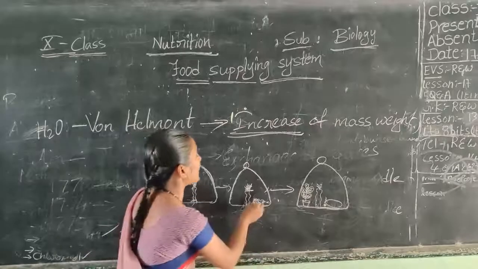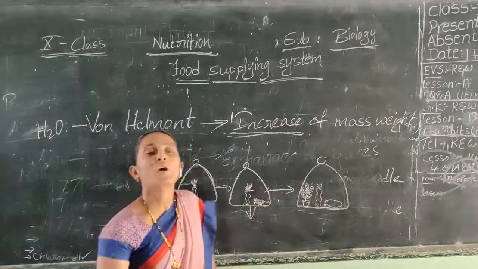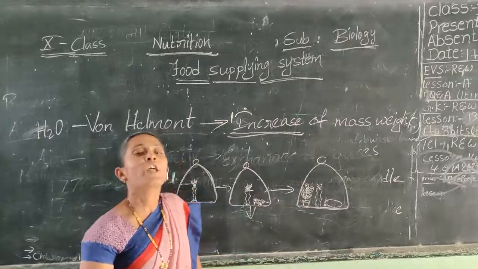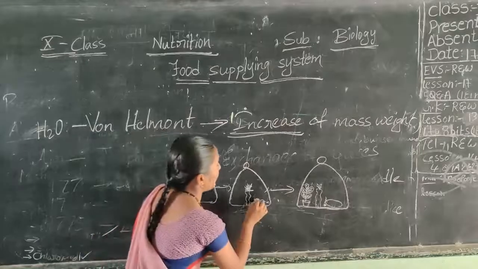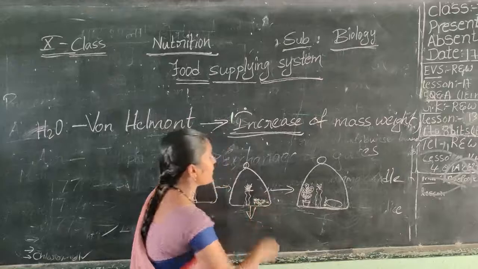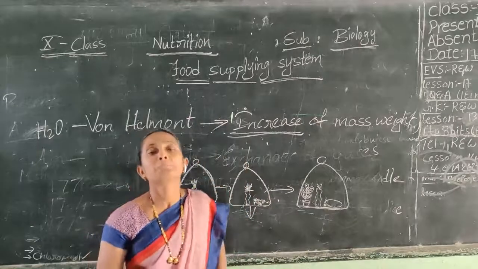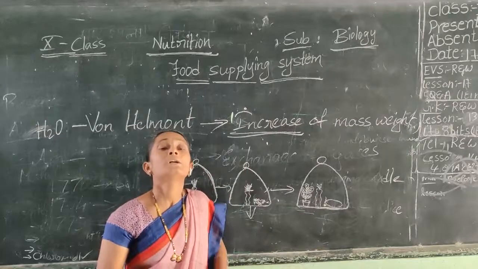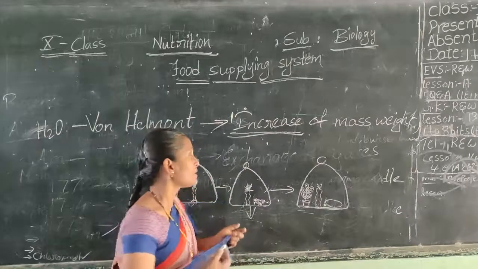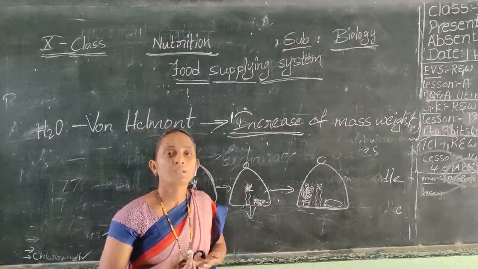Then there is no sufficient amount of oxygen in the bell jar, so the mouse cannot survive. Even the burning candle cannot burn continuously, and it turns off its flame, due to the absence of oxygen.